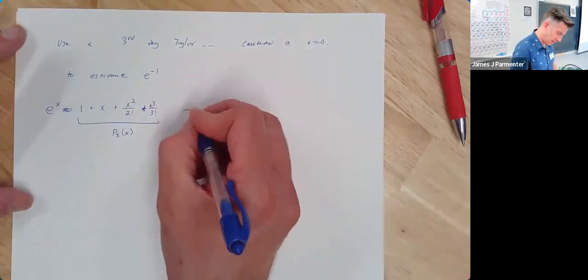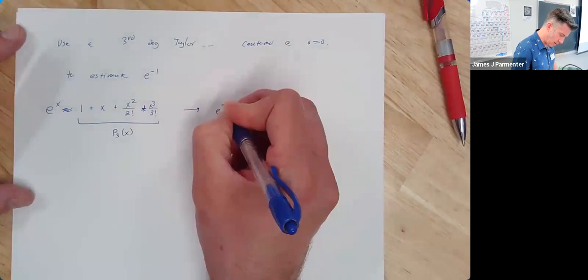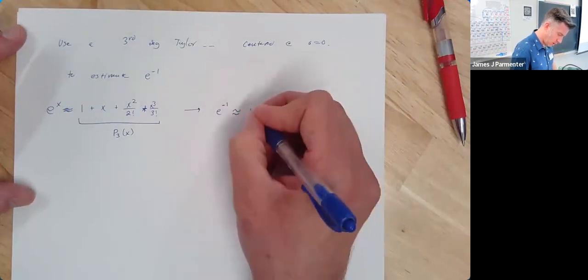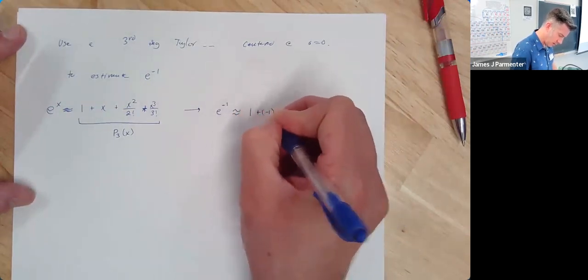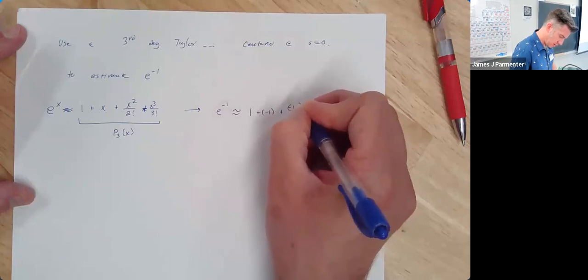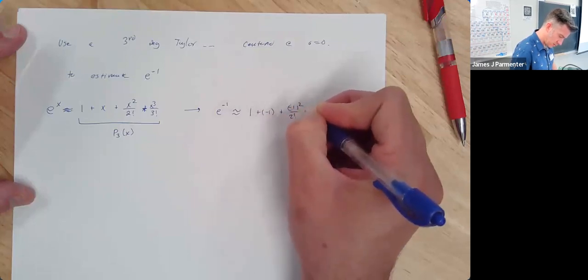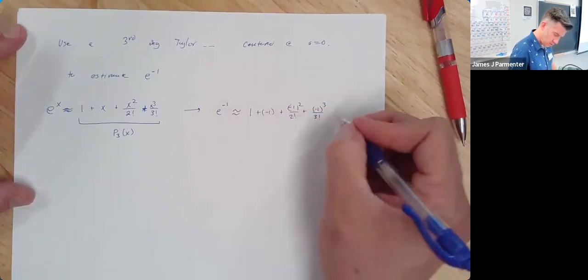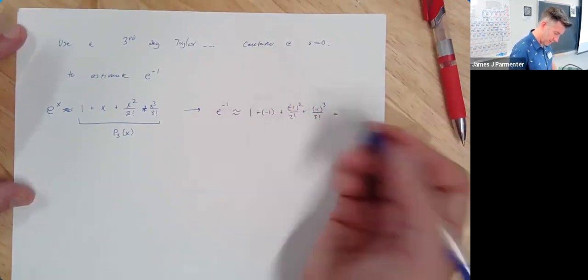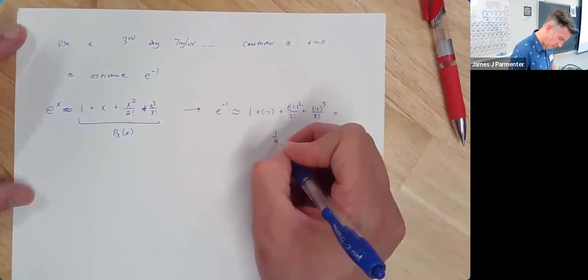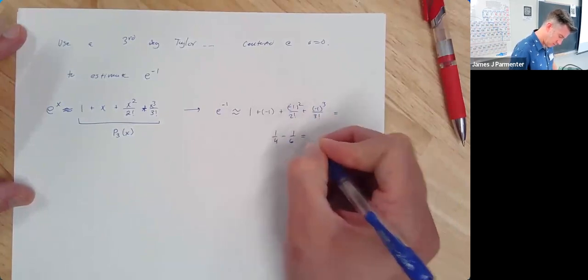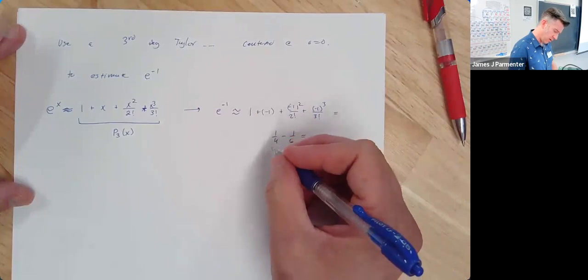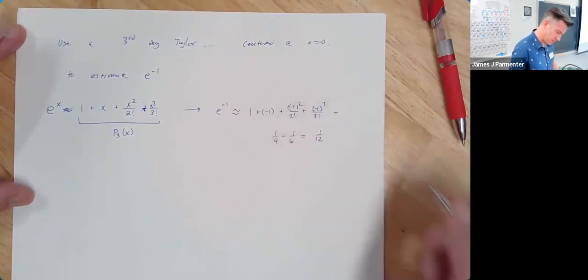And so that means that e to the negative 1 is approximately 1 plus negative 1 plus negative 1 squared over 2 factorial plus negative 1 cubed over 3 factorial, which is equal to, the 1's cancel, I've got 1/4 minus 1/6, which is going to be 3/12 minus 2/12, so 1/12.